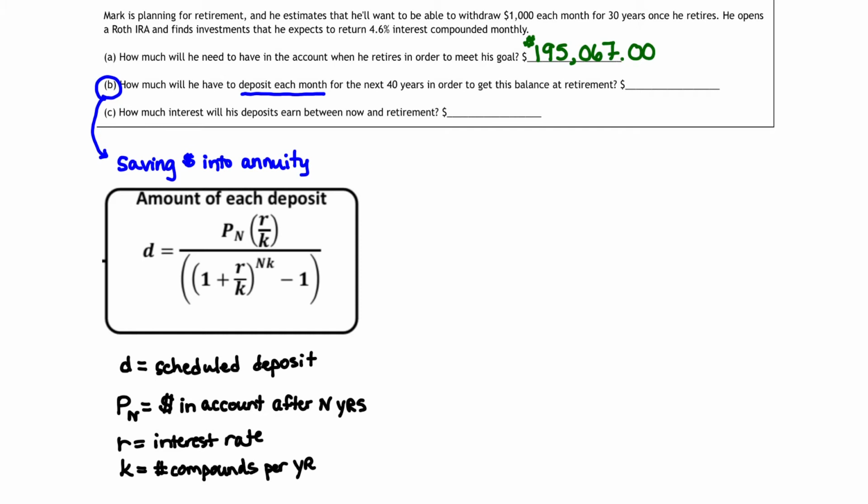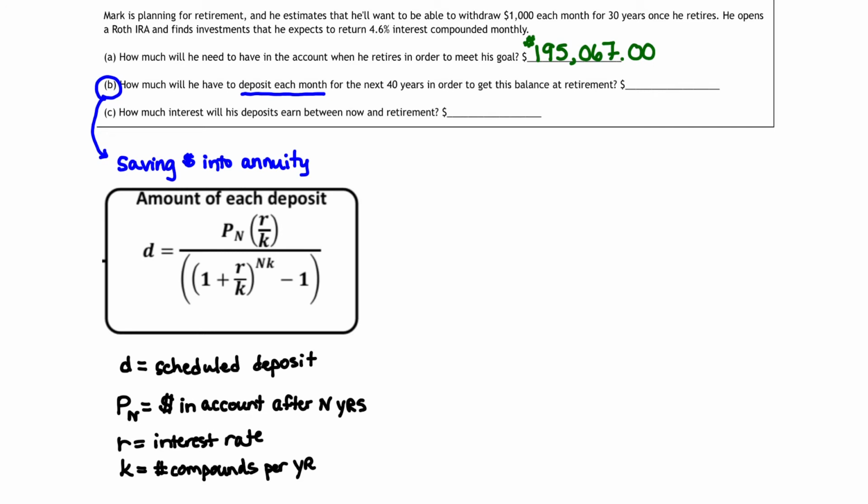This formula will help us determine the deposit Mark will have to make each month for the next 40 years in order to get his balance at retirement. Our job is to take all the pieces from the problem and put them into this formula and then calculate that deposit amount. So let's look at what we have.